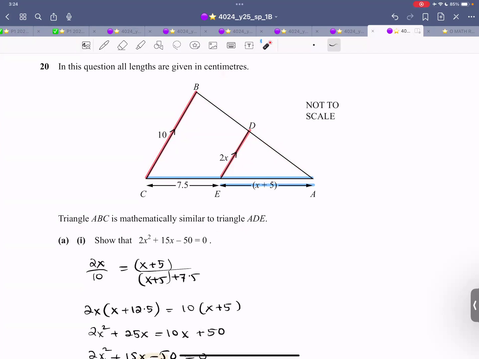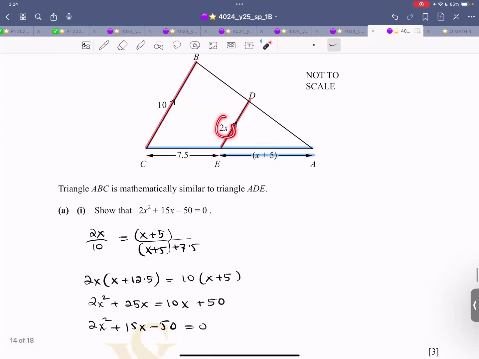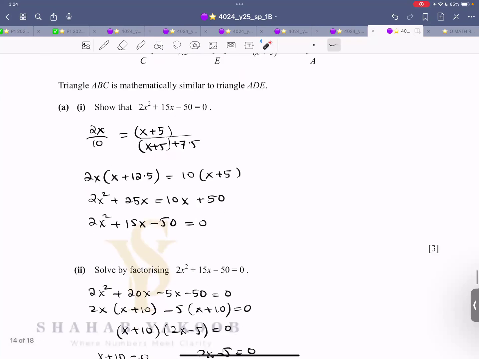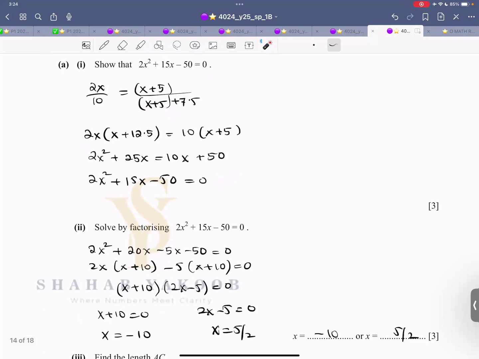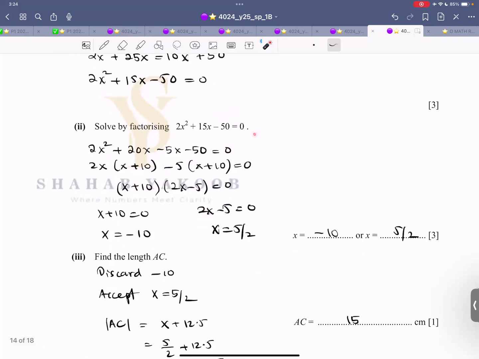So the ratio of red line to red line is the ratio of the small blue to the big blue. So 2x is to 10, written over here. x plus 5 is divided by x plus 5 plus 7.5, which is x plus 12.5. You get this quadratic equation. Factorize, middle term factorization. You get two answers. Over here, write both answers.